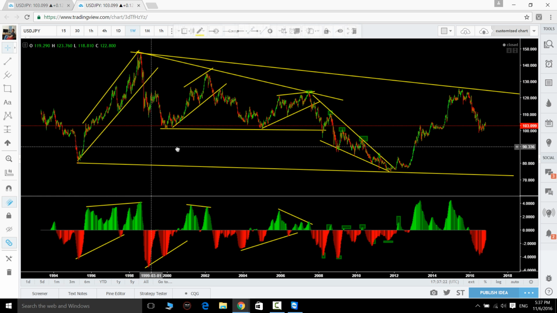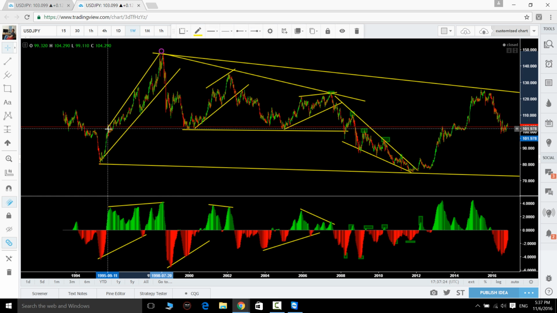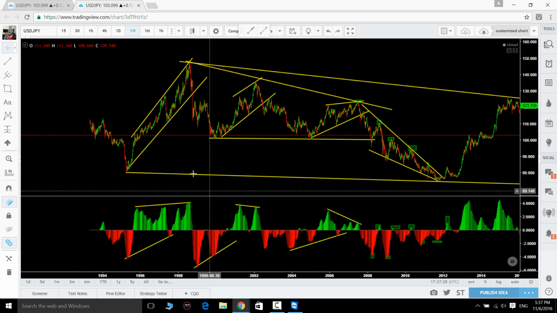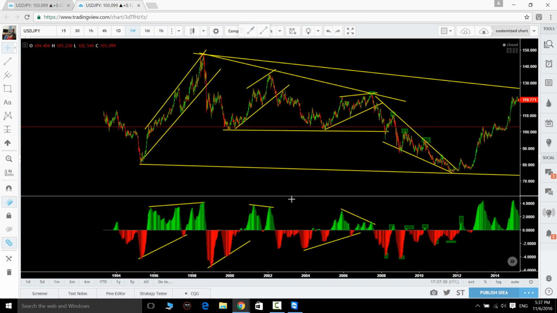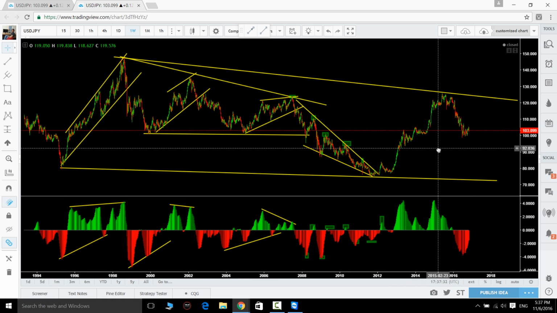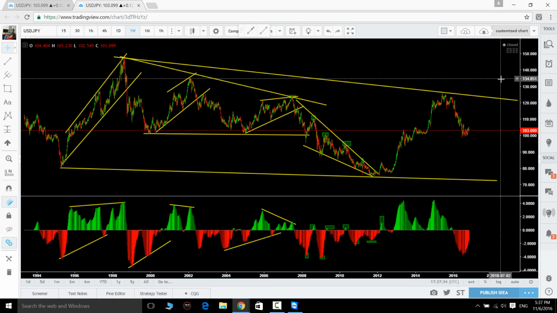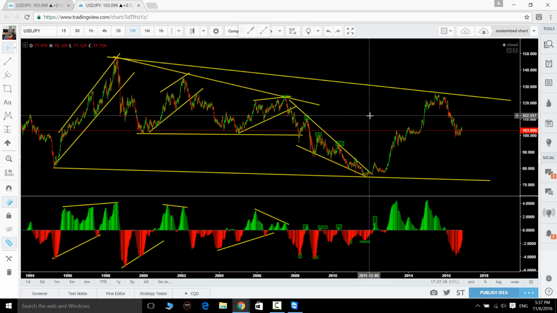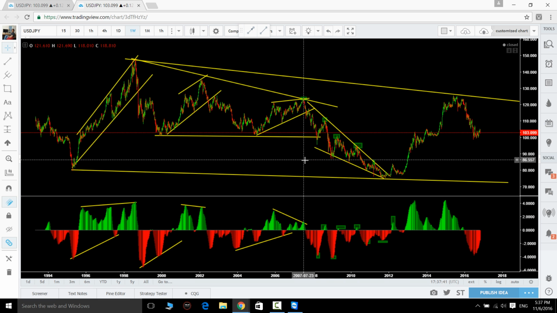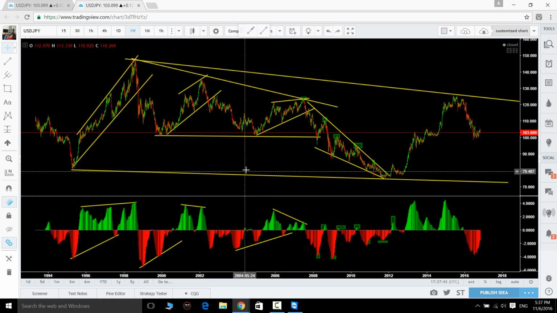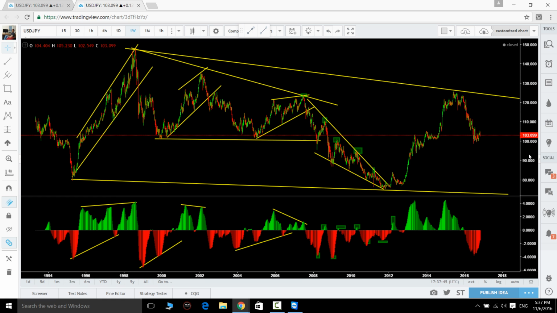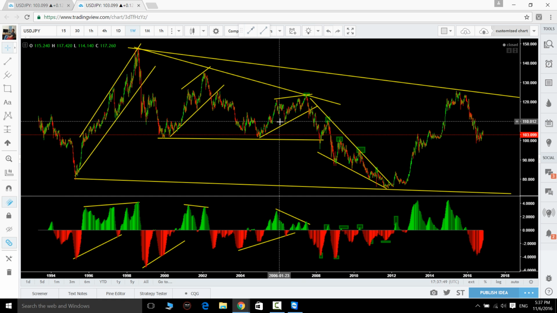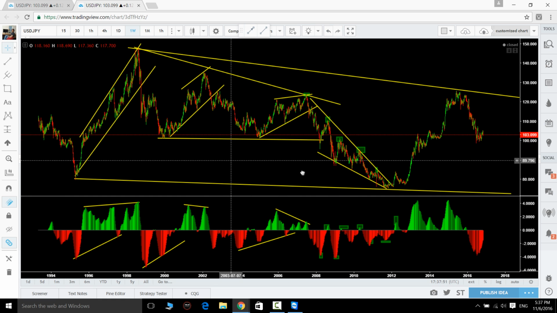I'm drawing my trend lines on MACD just to let you know how they connect. So they identify highs and lows on their indicator, connect those highs and lows on their chart, and predict the next wave within that structure.